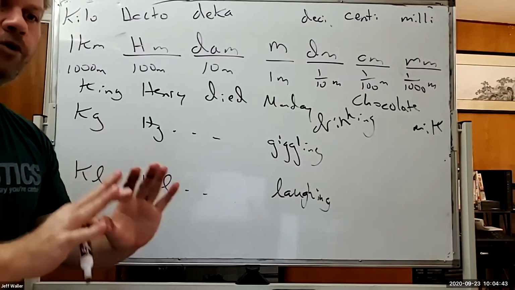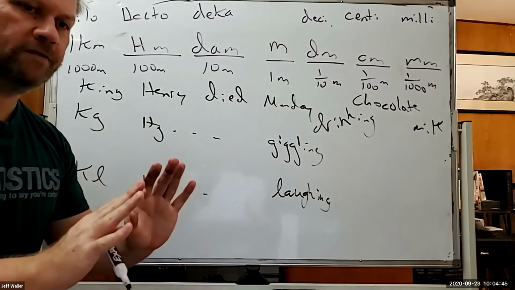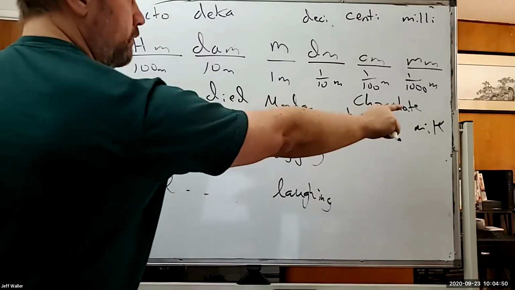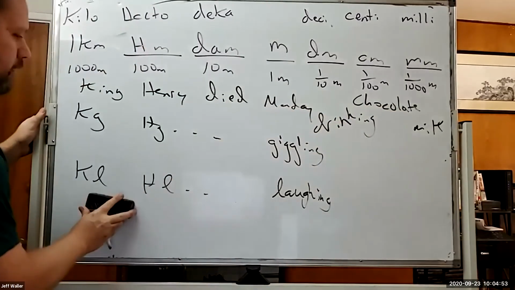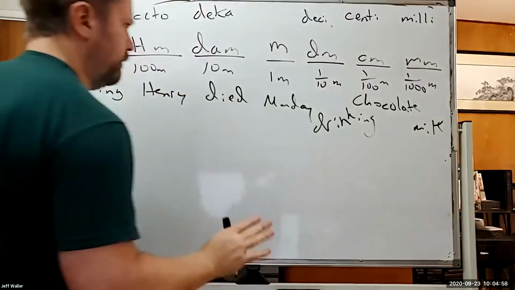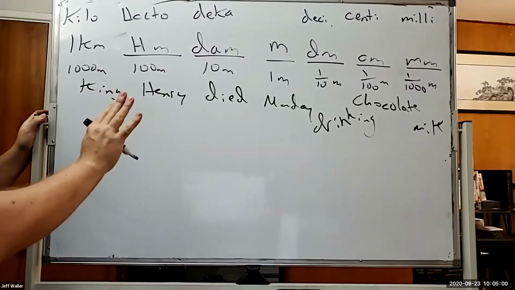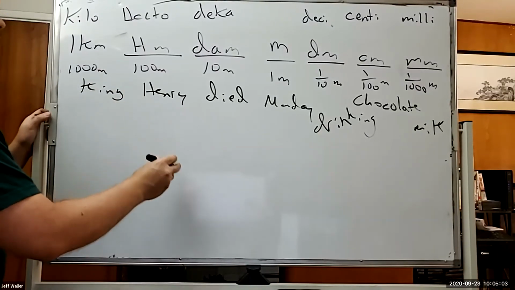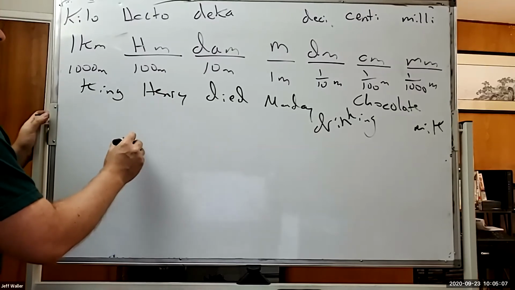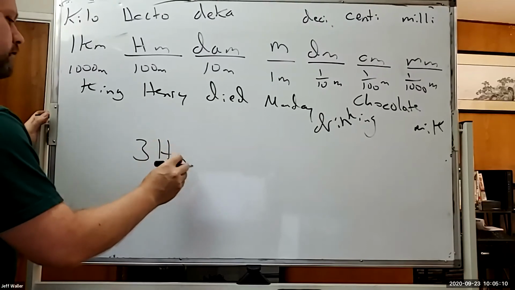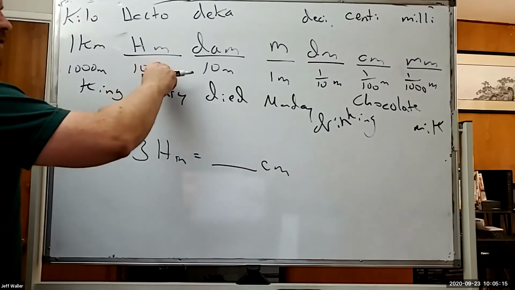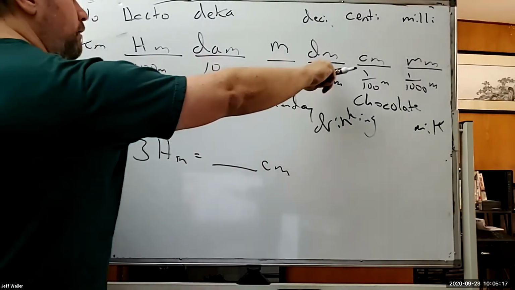Now, I want to show you why you want to devote some of your memory cells to remembering this. I'm going to erase this down here. This is almost too nice to believe. I don't think the book shows you this, which is unfortunate. Watch how beautiful this is. If I have 3 hectometers, and I want to know how many centimeters that is, every step is a step of 10.